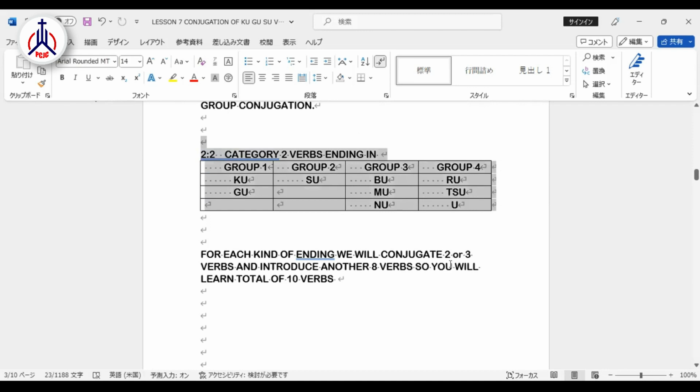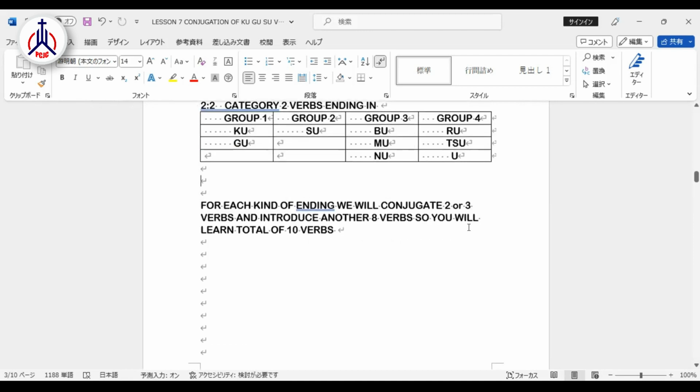If you are taking notes, better have this. These are the 9 u-ending dictionary forms in Japanese: ku, gu, su, bu, mu, nu, ru, tsu, u.